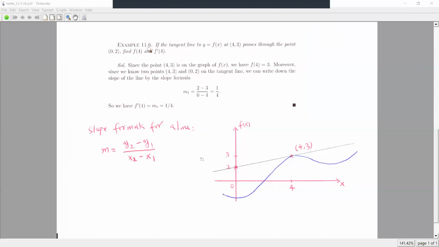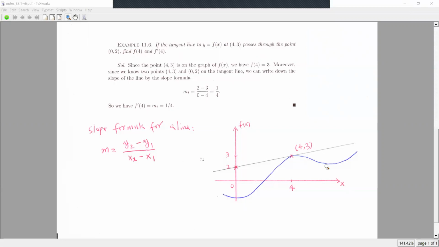The second example. If the tangent line to the graph of the function f at the point 4, 3 passes through the point 0, 2, find the function value f(4) and the derivative f'(4). Here is a diagram about this example.